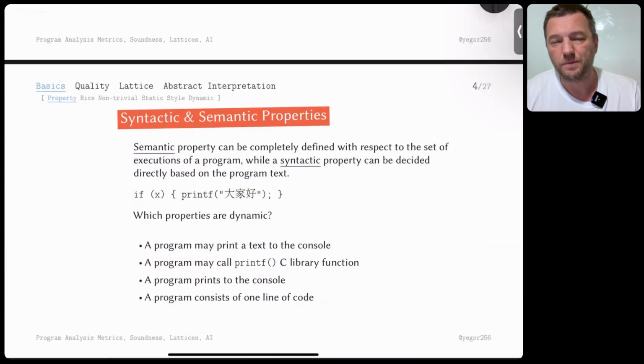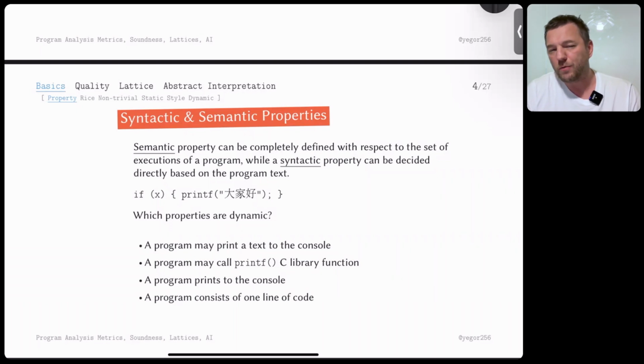The properties. There are semantic and syntactic properties of a program. A semantic property is different from a syntactic property in that we can understand whether the program has a certain property either by running the program or by looking at the program.